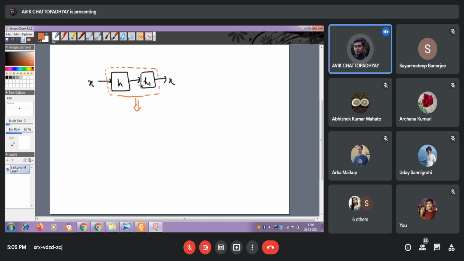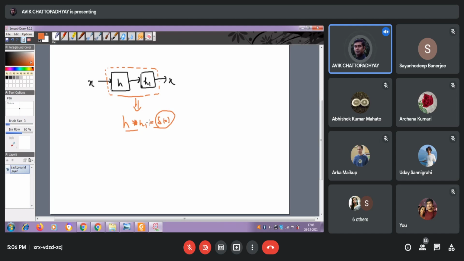That means I can write from here that H convolved with H1 must give delta N. Of course, it has to be. So whenever the impulse responses of the two systems convolve together to give you delta N, then you can say the one is the inverse of the other.